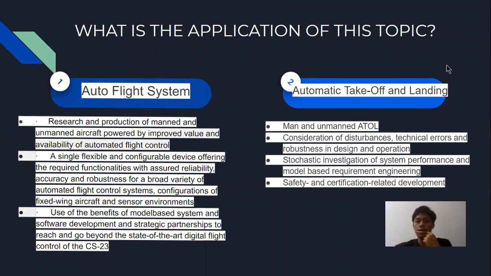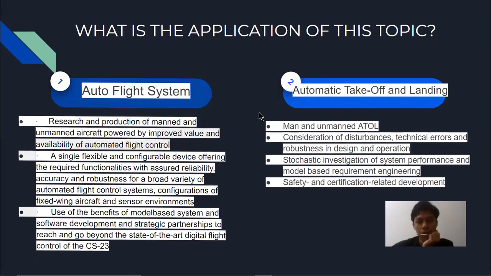So, what is the application of this topic? As Adam mentioned earlier, the easiest application of flight management is the auto flight system and automatic takeoff and landing.